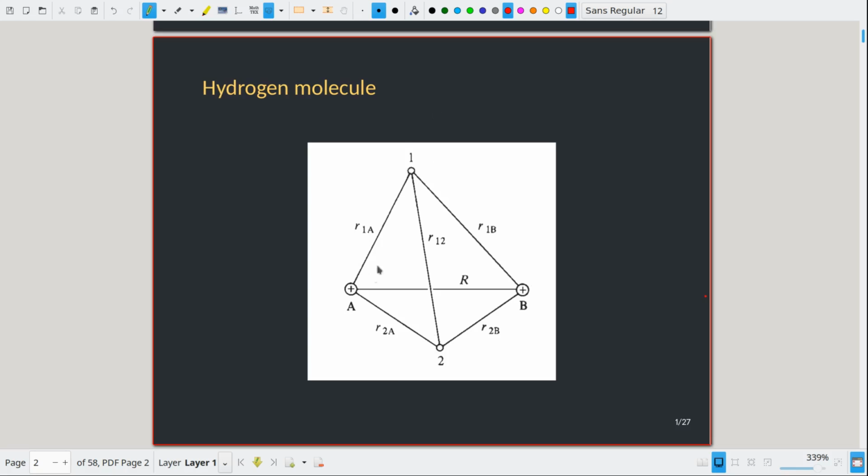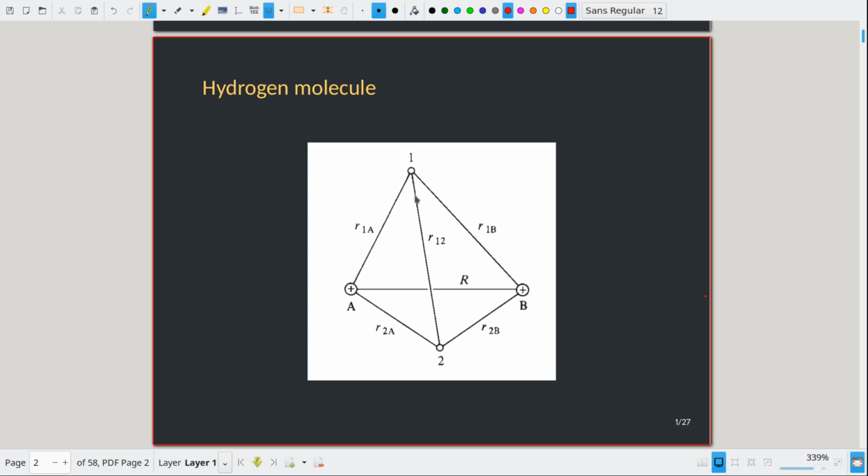So we've got a certain internuclear distance, which is represented by capital letter R here, and then we've got the distance of the first electron, 1, from nucleus A, R1A, then we've got R1B, which represents the distance of electron 1 from nucleus B. Same thing for the second electron, and then we've got also this distance R12, which represents the distance between the two electrons.